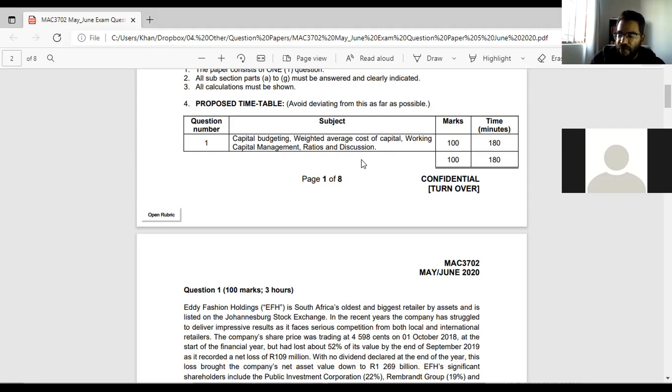What they came up with was that if you spend 50 minutes on capital budgeting, those 2 extra minutes you are using are getting you fewer marks. You're already 50 minutes into the question paper, so you've kind of exhausted most of the easy marks. The fact that you are still busy on the capital budgeting question means you're not picking up additional marks quickly enough. That is why you're not yet done.